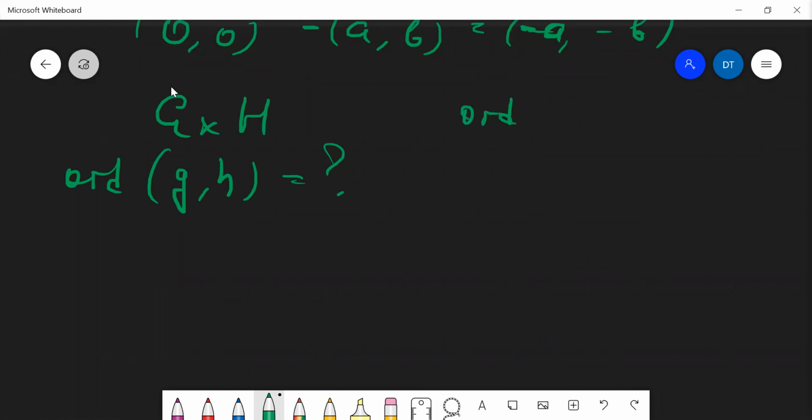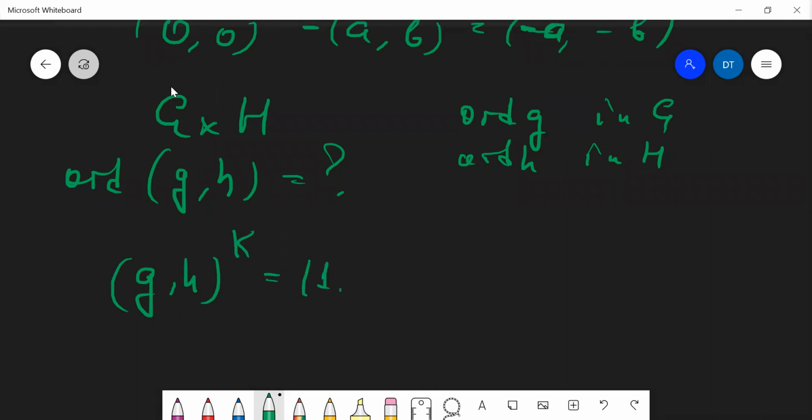What are we given? We know the order of the element g in the group G, and we know the order of the element h in the group H. So how do you compute the order of this pair when you know the orders of g and h? Well, you want to raise this element to the power of k, and see when we get the neutral element.